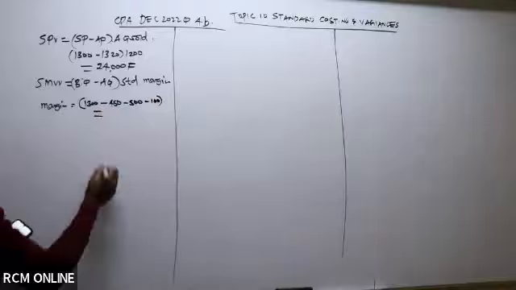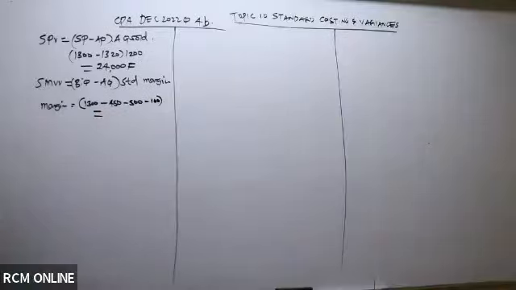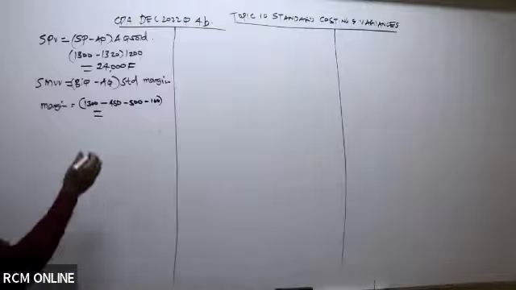So what are you getting as the margin? 1,300 minus 450 minus 500 minus 100. That gives 950, 1,050 ... so the margin is 250, right?